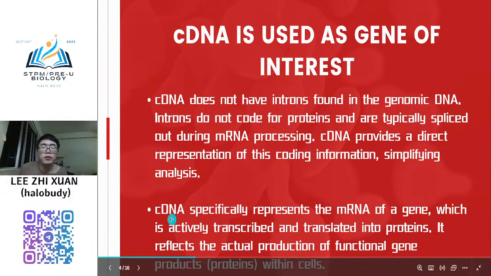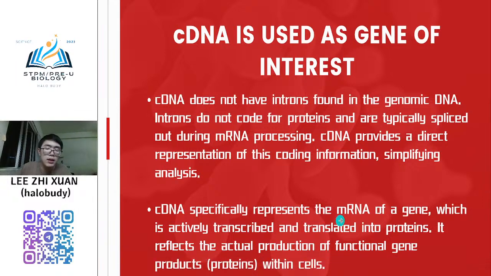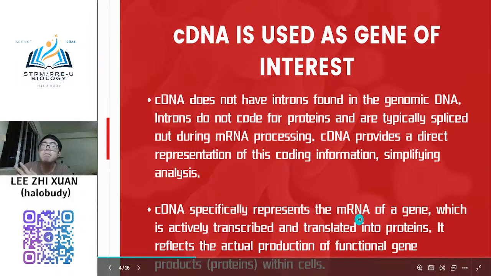So cDNA specifically represents the mRNA of the gene, meaning cDNA is actually a template of the mRNA already. It can be actively transcribed and translated into protein through the gene expression process, so it reflects the actual production of a functional gene.